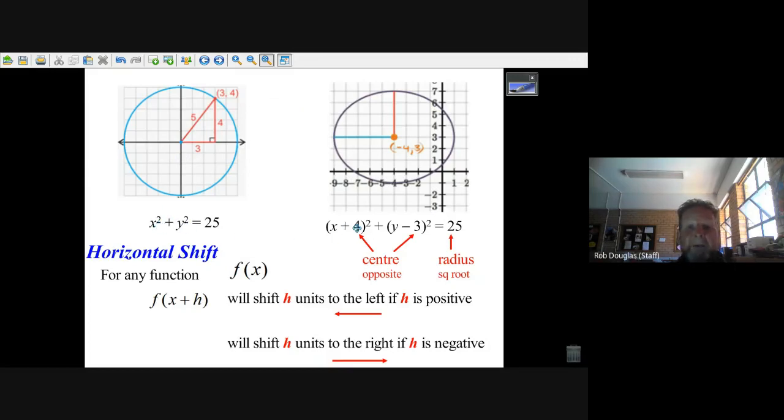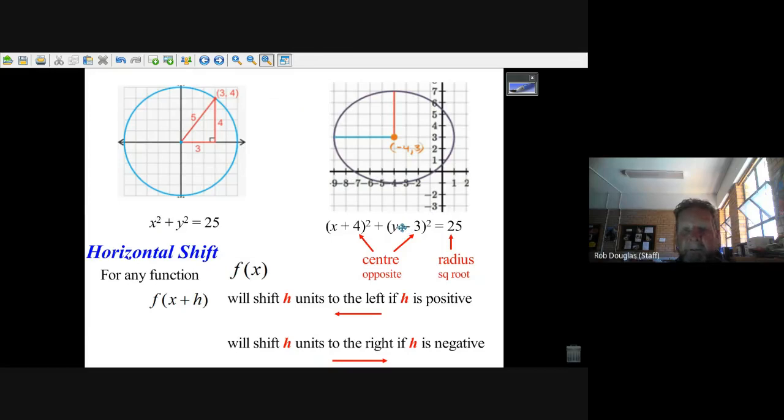But if we were to add 4, go x plus 4 squared and y minus 3 squared, we can use that idea we just learned. If we add 4, what should happen is the circle should shift 4 to the left, because minus 4 would give us the same thing of being 0. So it does, it goes 4 to the left.